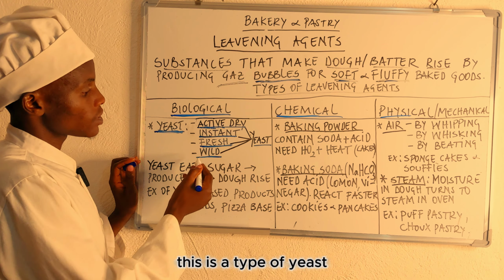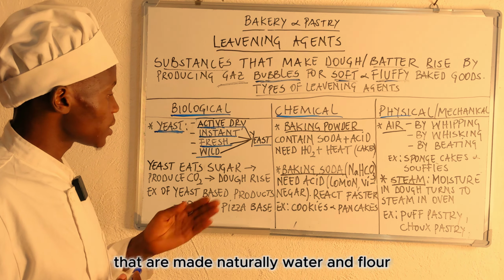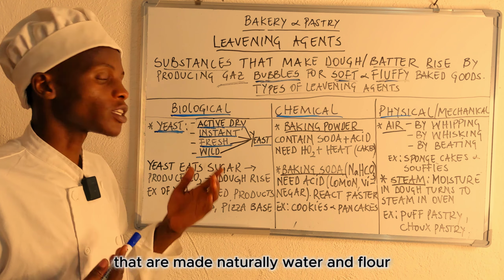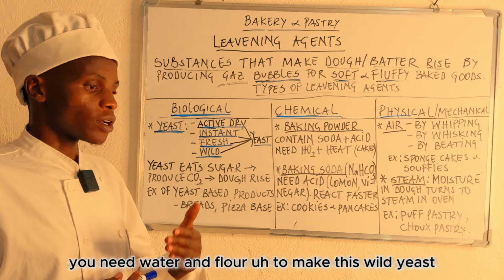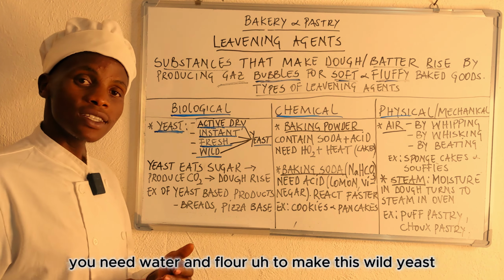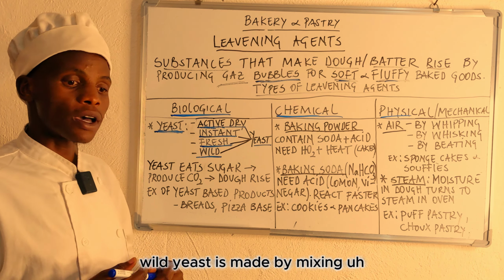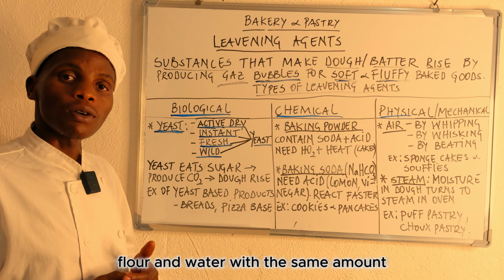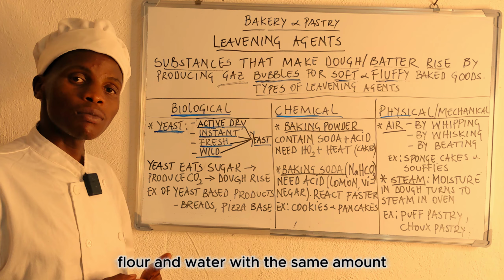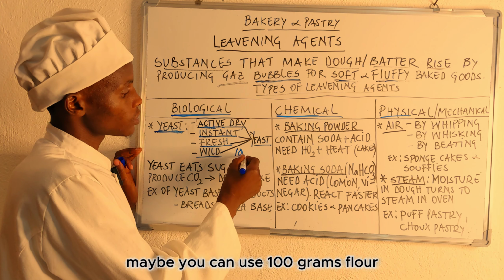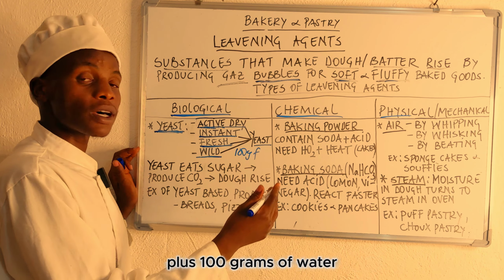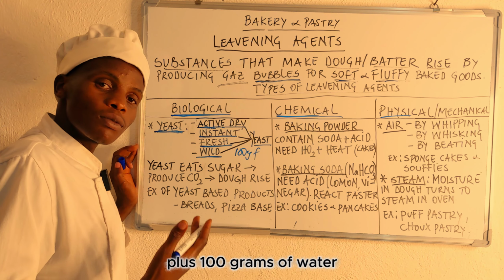This is a type of yeast that is made naturally. You need water and flour to make this wild yeast. Wild yeast is made by mixing flour and water in the same amount. Maybe you can use 100 grams of flour plus 100 grams of water.